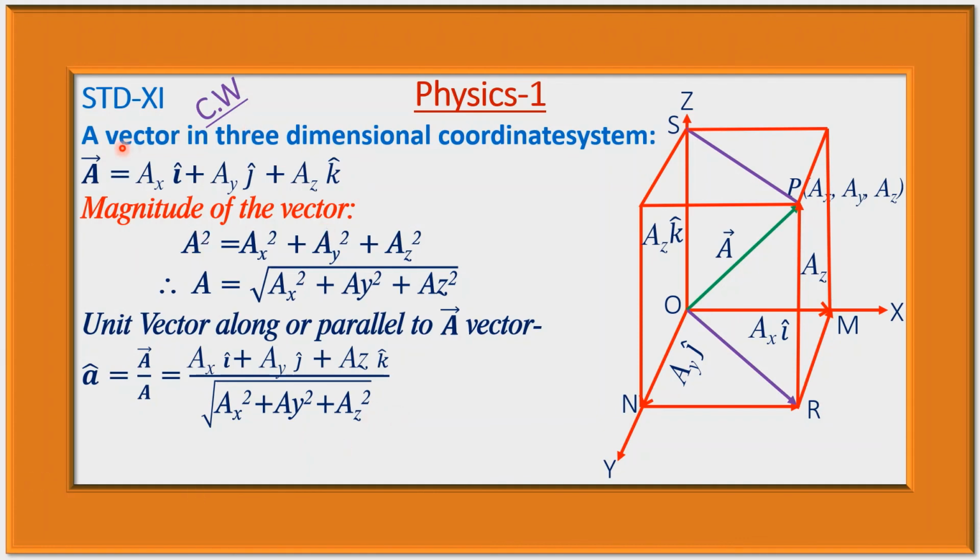This is the representation of the A vector in the three-dimensional coordinate system with its components AX, AY and AZ, and the magnitude of this vector is root over AX square plus AY square plus AZ square, and the unit vector along this vector is AXi plus AYj plus AZk divided by root over AX square plus AY square plus AZ square.